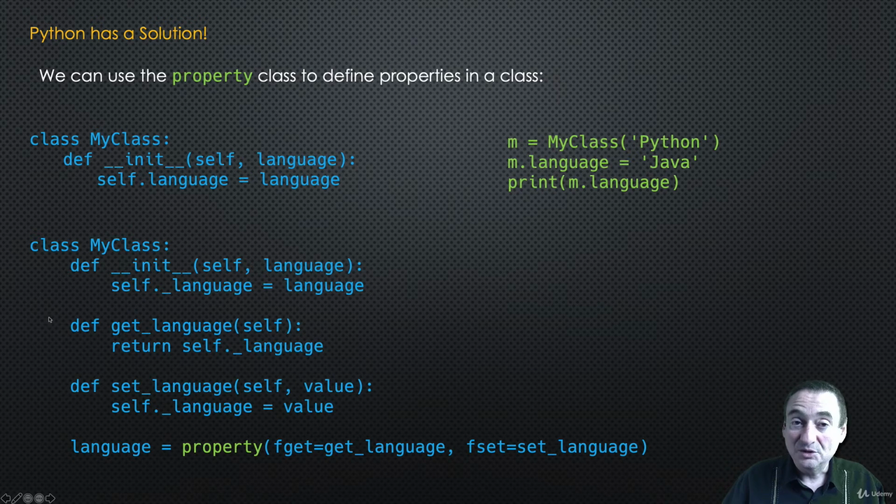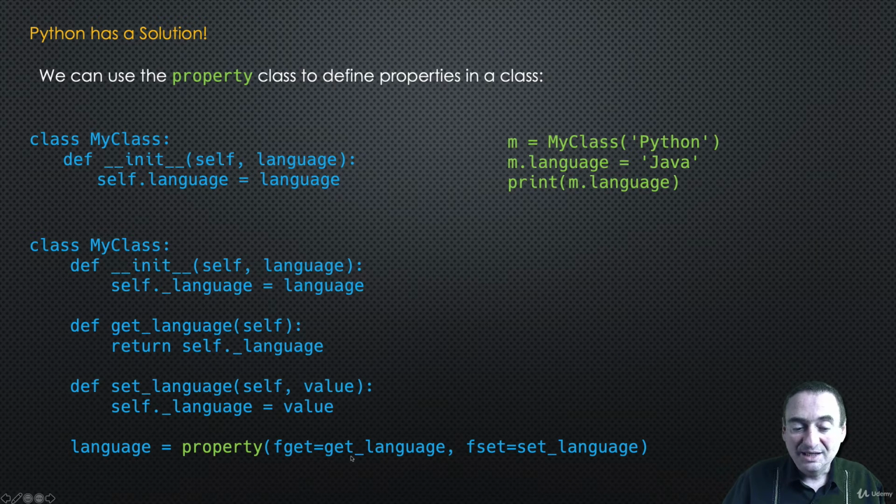So let's take a look at those functions. So getLanguage. We're defining a function inside the class, which means that when we call it from the instance, it will be a method bound to the instance. So the first argument is going to be the instance. And now we can return, this is the getter, we can return self._language, which is the same _language that was initialized in our initializer.